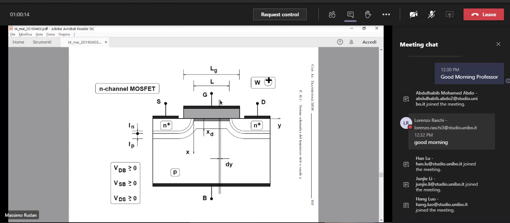So qualitatively, it is like an MOS capacitor of infinitesimal width. In principle, it is not, because you remember the MOS capacitor that we have considered so far is a really one-dimensional device.